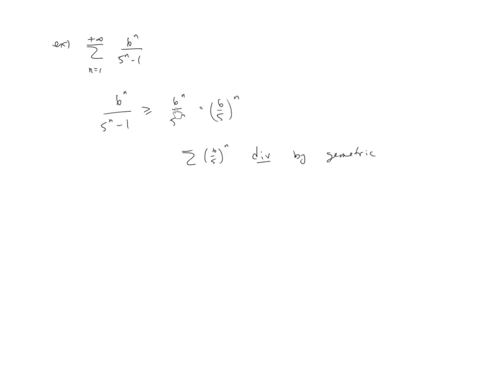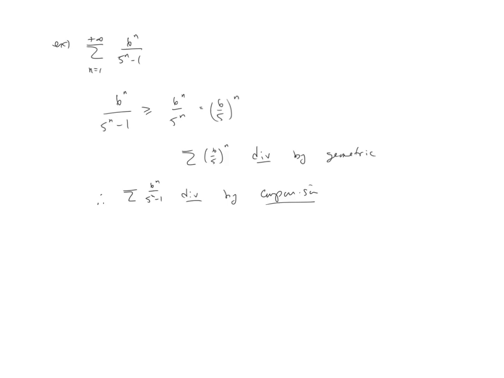If the smaller one diverges, the one that's above it, if you will, must also then diverge. So we can come over here and as a conclusion say, therefore, the original is going to diverge by comparison.